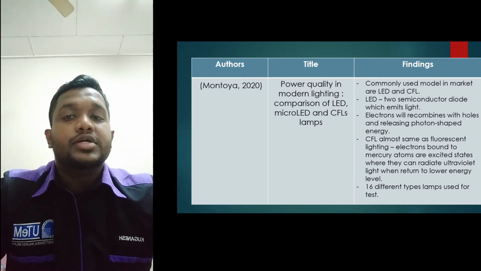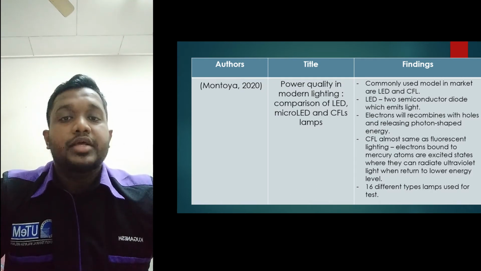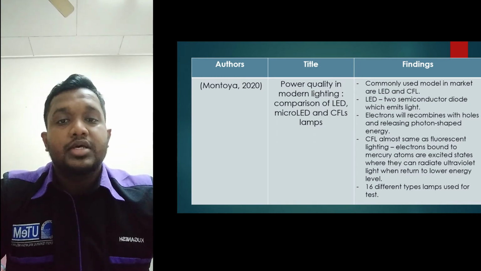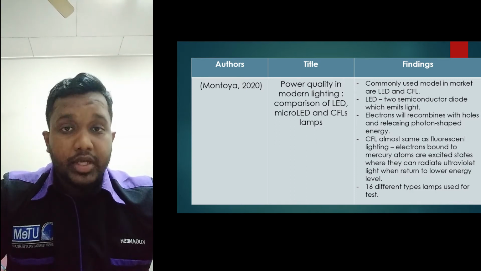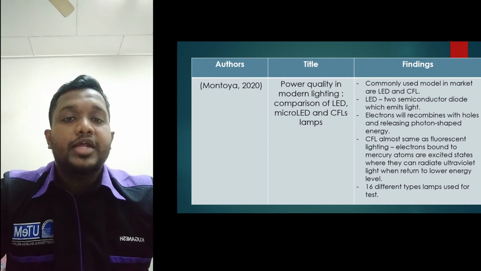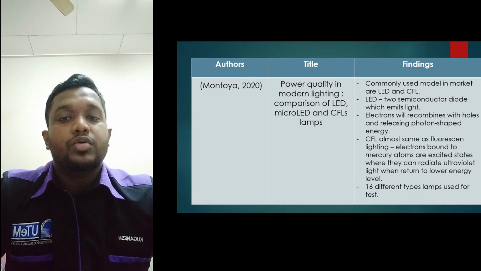The finding of the journal is about commonly used models in the market, LED and CFLs. The LED is a two-lead semiconductor diode which emits light. The electrons later combine with the holes and release energy in the form of photons. The compact fluorescent lamp is almost the same as fluorescent lighting. Electrons bound to the mercury atoms are excited to states where they can radiate ultraviolet light when they return to the lower energy level.